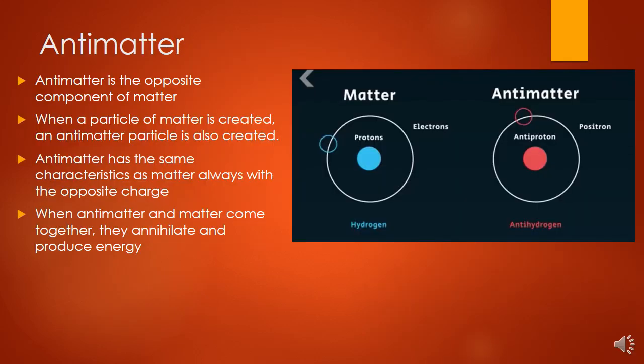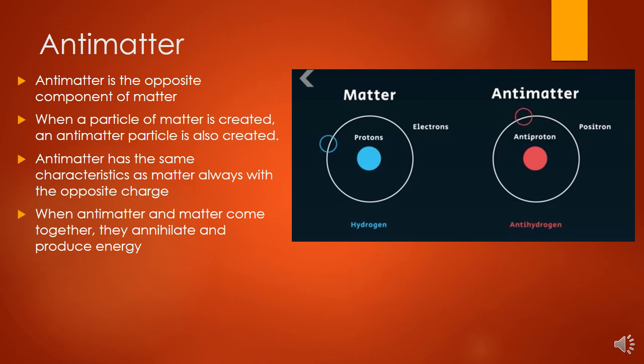So I said our universe is made up of matter, but there's also this stuff called antimatter. Antimatter is the opposite component of matter. When a particle of matter is created, antimatter is also created. Antimatter has all the same characteristics as matter, but always has the opposite charge.